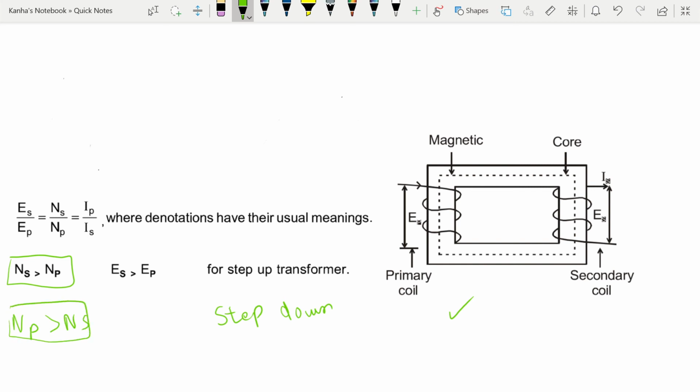Now let's see what really happens in this system. First of all, you should note that you give an AC as an input right over here to the primary coil. And what this does is there is a flux linked to the coils that are present on the primary.